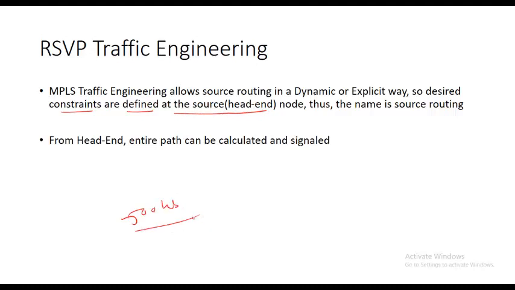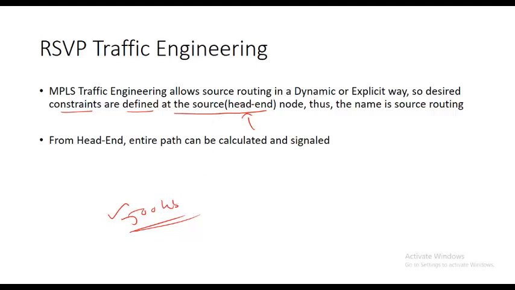Just define it on the head end. As the traffic comes in, if the source matches, if the source is having a constraint of 500 kbps, the head end is going to probe all the paths. And whichever path has got this bandwidth will be used by the tunnel.